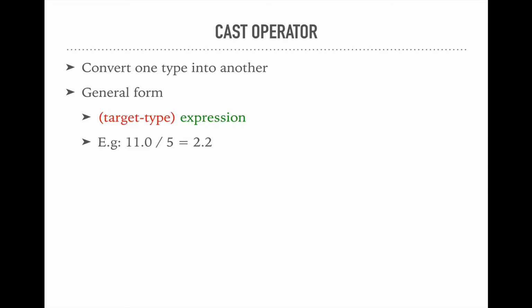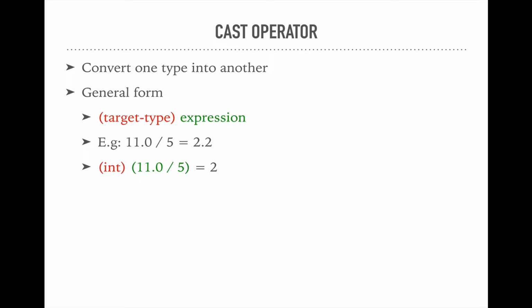It also converts one type into another, but explicitly. So we have to write the explicit cast operator in the general form (target type) expression. For example, we know that 11.0 / 5 equals 2.2. But if we want to convert the outcome of this expression to integer, we need to write (int)(11.0 / 5).